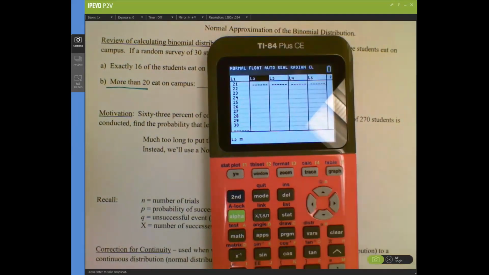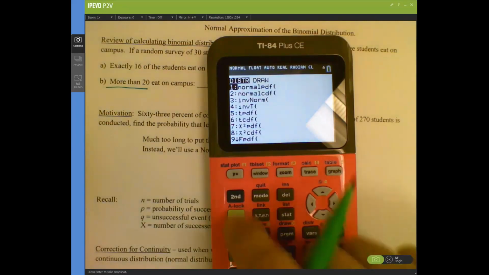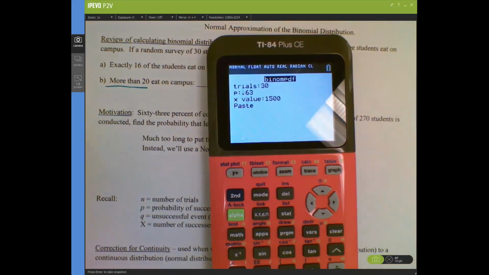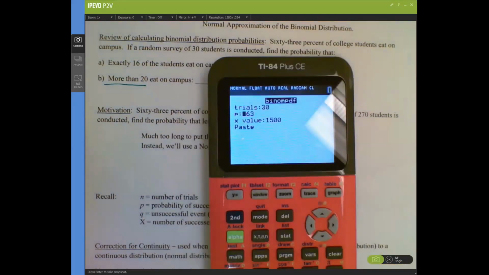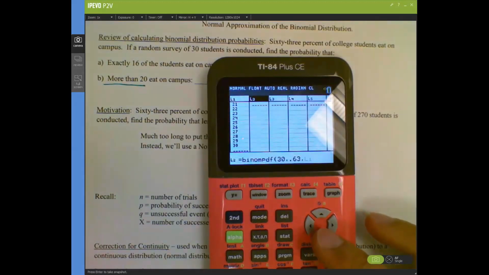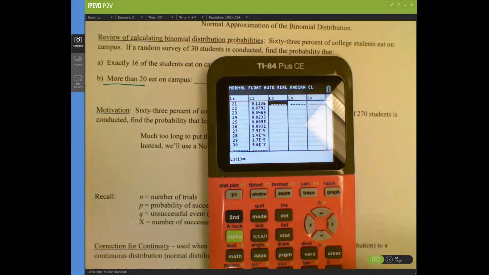Then we went up to the top of list 2, and from there we ran our binomial distribution. N equals 30. What was that probability? 0.63. And then we used L1 as our X value.